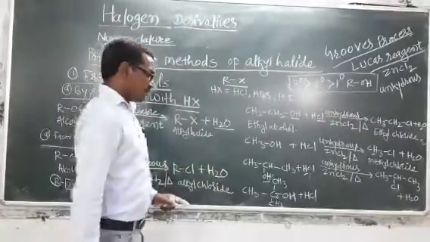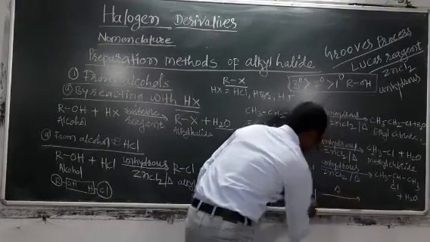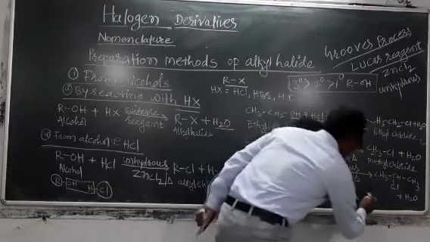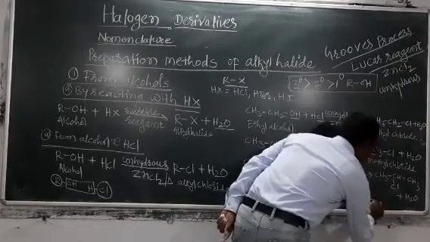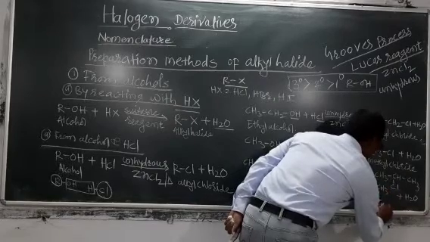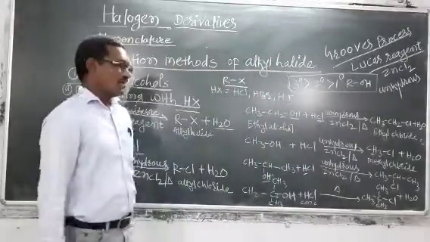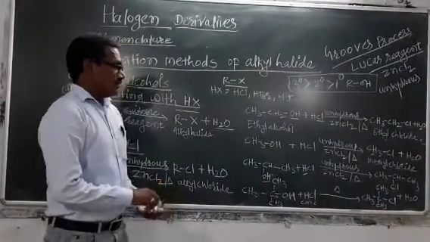I will explain later on. We just react with concentrated HCl, heat it, and we will get the product (CH3)3CCl, tertiary butyl chloride.